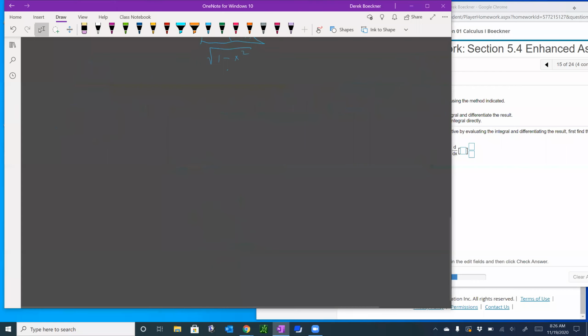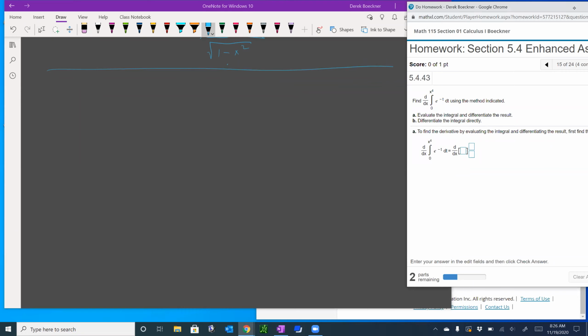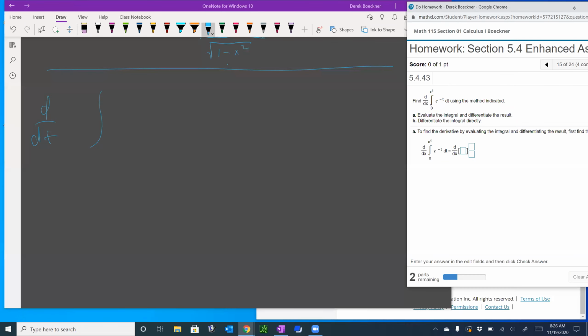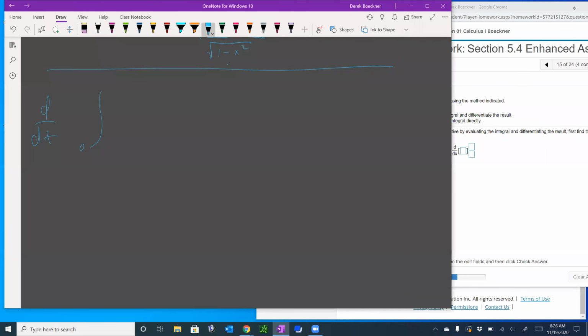Yeah, the hard way to do these. Okay. So we want to take the derivative of the integral. We're going to go 0 to x to the 4th, e to the minus t dt.